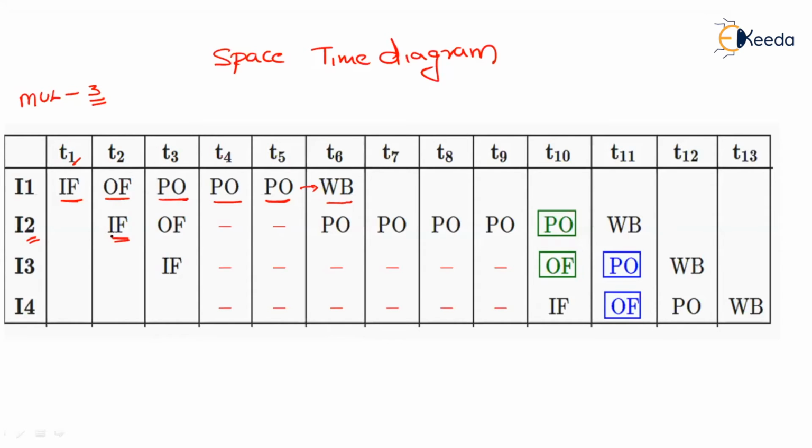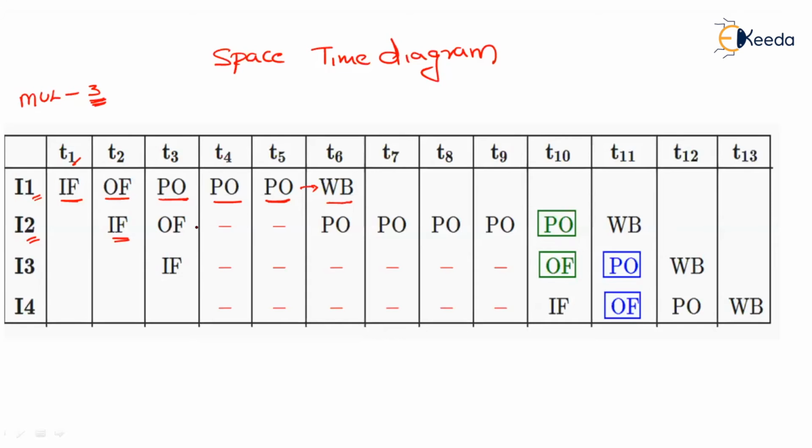Okay, but here the thing is, I2 cannot enter into the perform the operation stage because that stage is engaged by I1. I1 is still in the perform the operation stage because it is going to spend 3 clock cycles there, since a multiplication instruction consumes 3 clock cycles in PO.